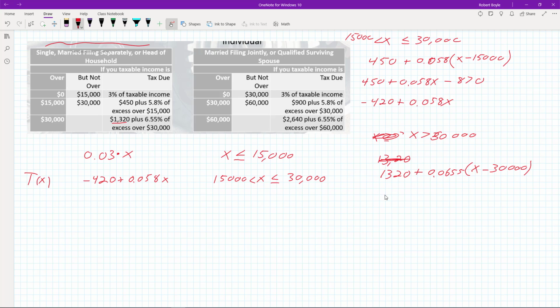Okay, to simplify this, we can write down 1320. Using the distributive property here, we will have 0.0655x. 0.0655 times the negative 30,000 is going to be negative 1965.